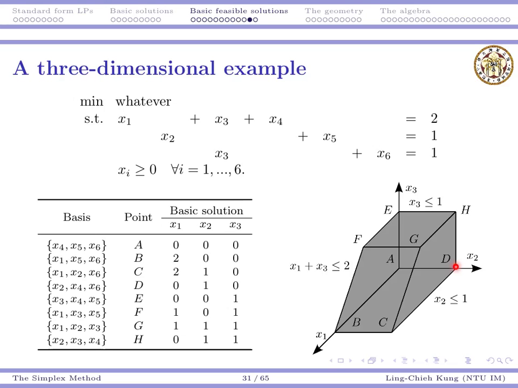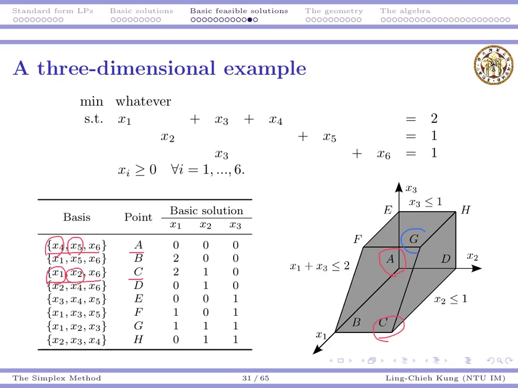So let's take an example. Suppose I'm looking at A and C. From the figure, we can see that they are not adjacent. Let's see whether they are indeed not adjacent. Indeed, because x4 and x5 become x1 and x2, two variables are different. So they are not adjacent, just as what we see on the figure.